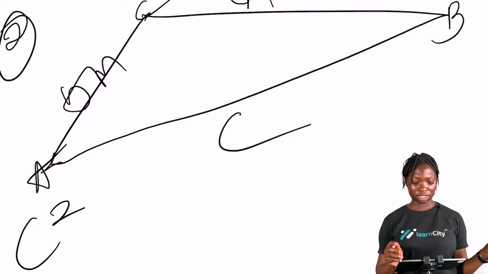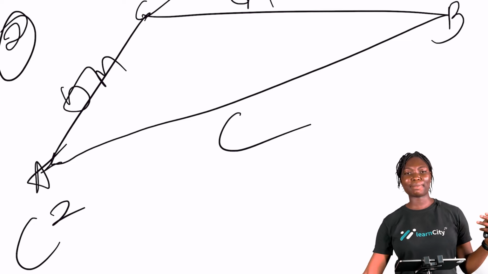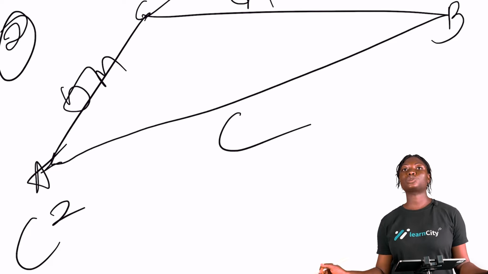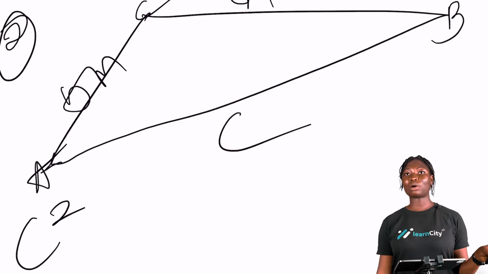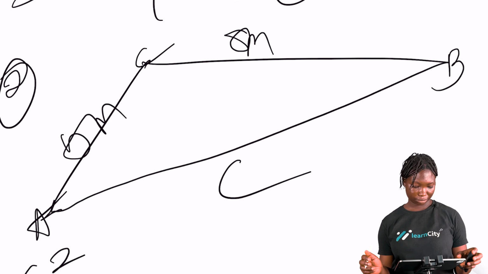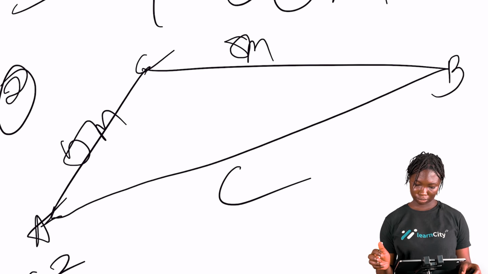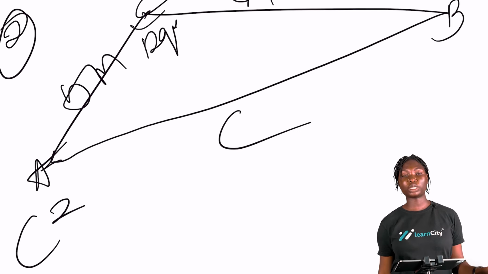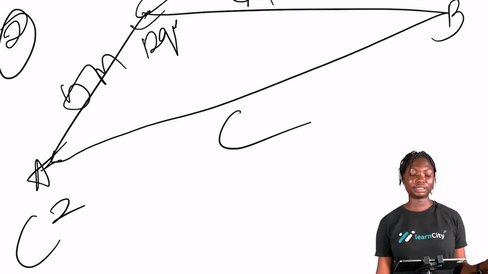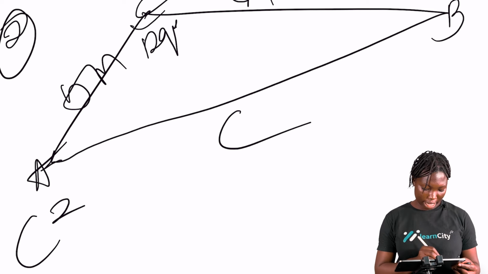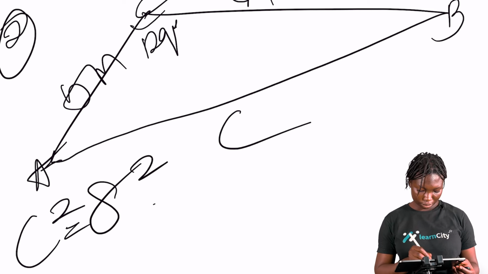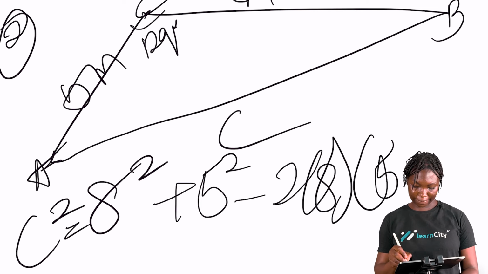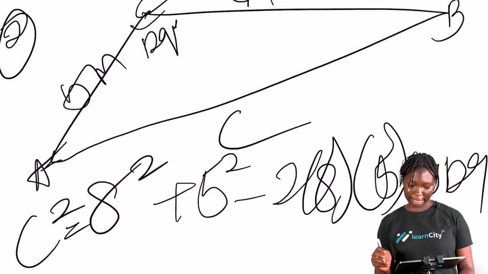So we have C squared to be 8 squared plus 5 squared minus 2 into brackets 8 into bracket 5 cos 129 degrees.